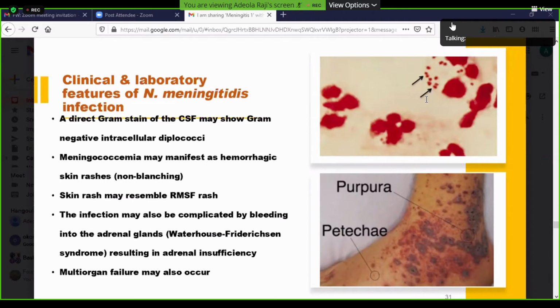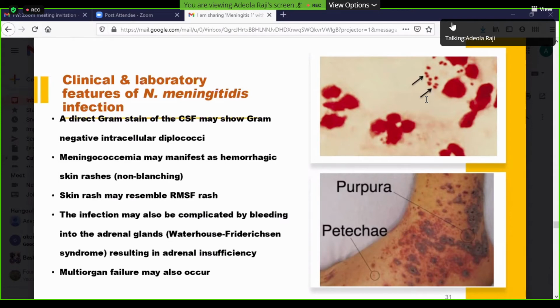This infection may also be complicated with meningococcemia, or meningococcemia may lead to meningitis. So it's a two-way thing. You may have invasion from a colonized patient into the bloodstream, and then from there to the CNS, resulting in meningitis.